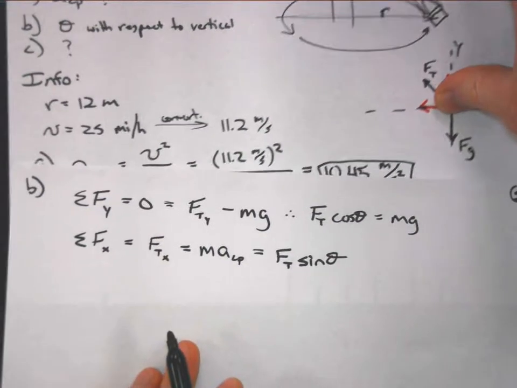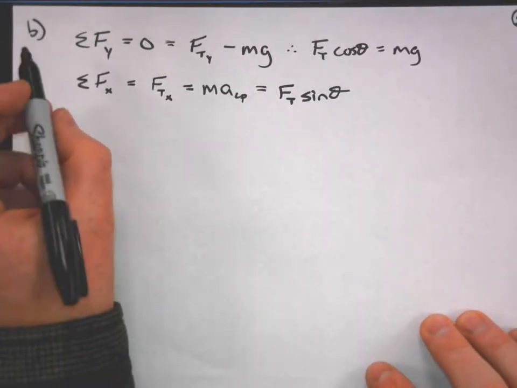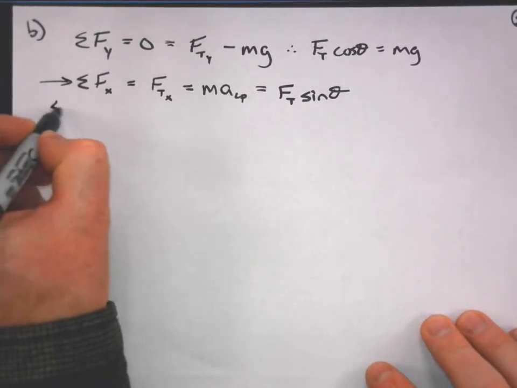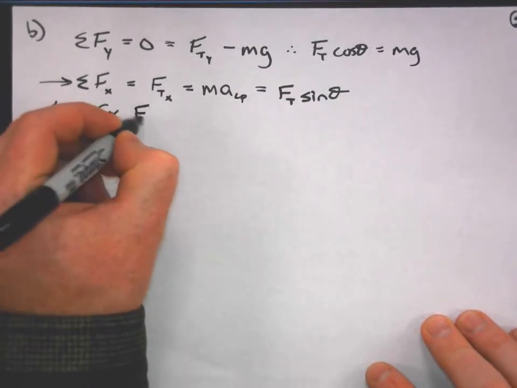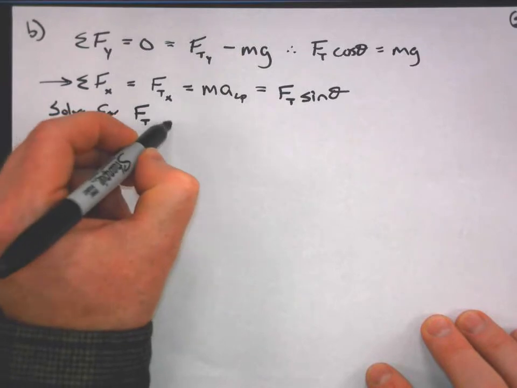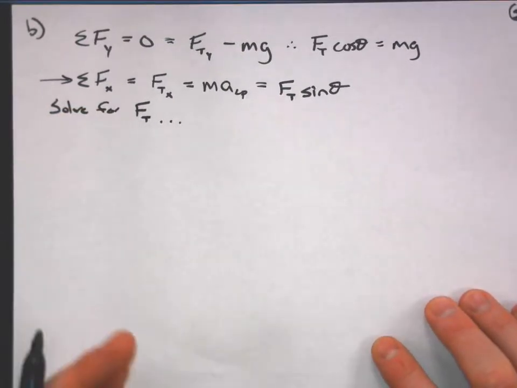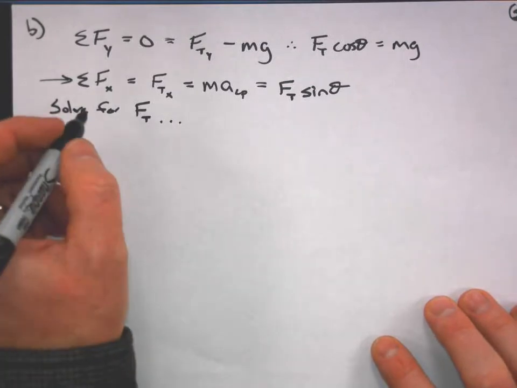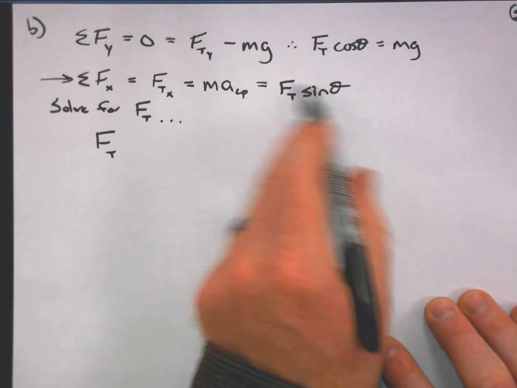Let me try. I'm gonna look at this, and I'm thinking, you know what? In this guy, what if I just solve for the force of tension and see where that takes me? Okay, I'm gonna try stuff. That's what you have to do quite often, is simply give something a shot and see where it leads you. When you do this, I'm solving this for force of tension, by the way.